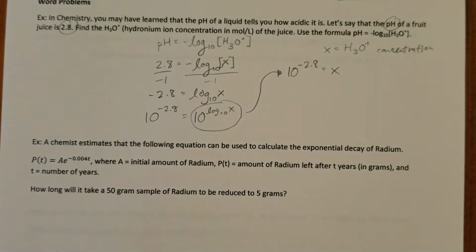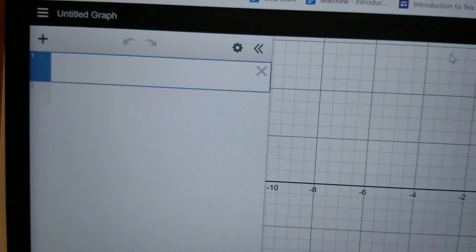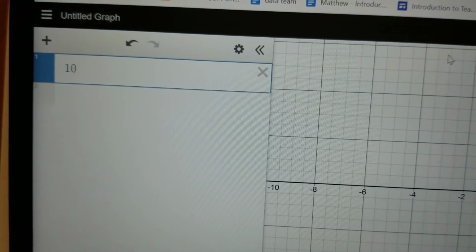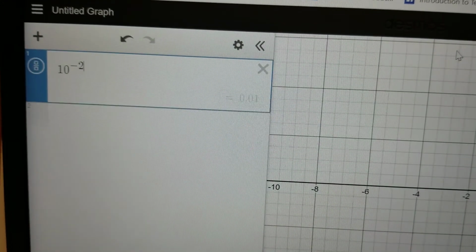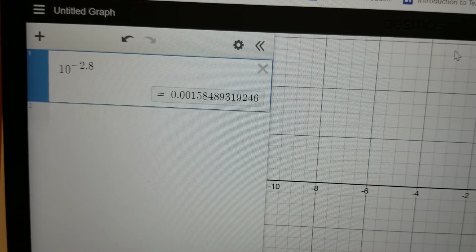I understand that some of you do not have calculators at home to do this. You can use Desmos: 10, the caret (shift 6), negative 2.8.